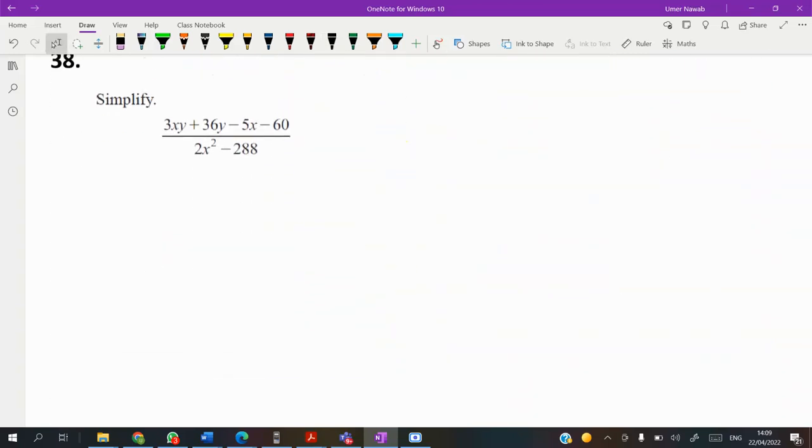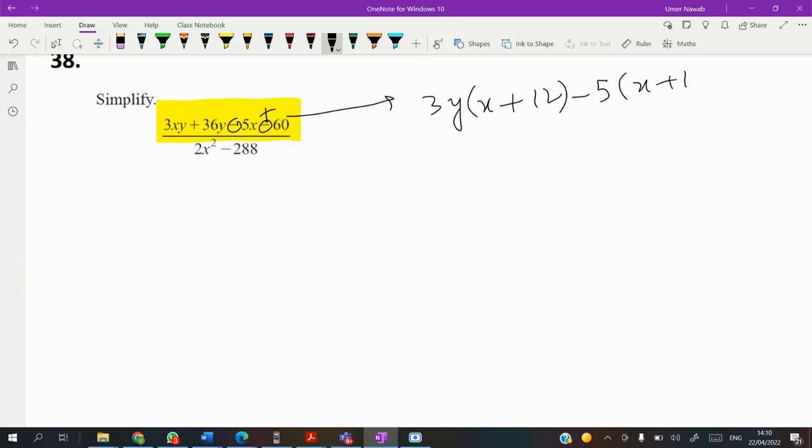Now grouping on the top, so 3y is common, so x plus 12 and minus, this sign changes, because there is a minus sign outside, 5x plus 12, and then I write x plus 12 and 3y minus 5.